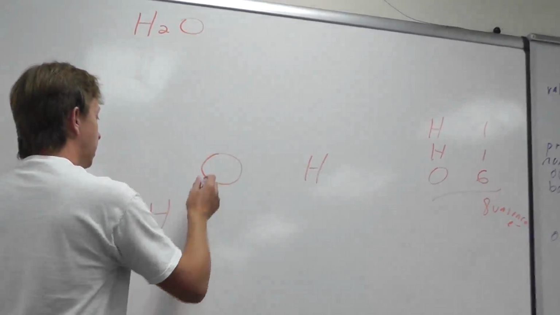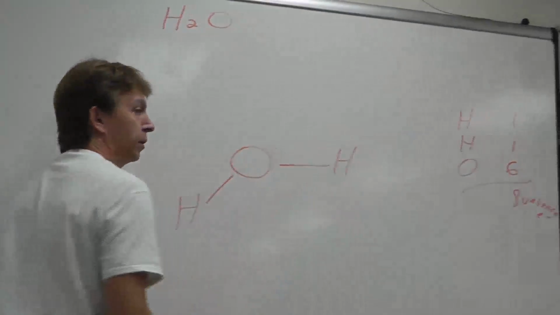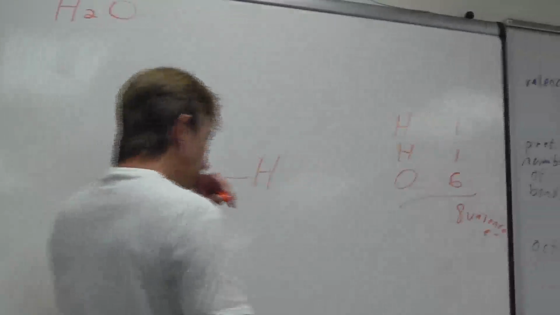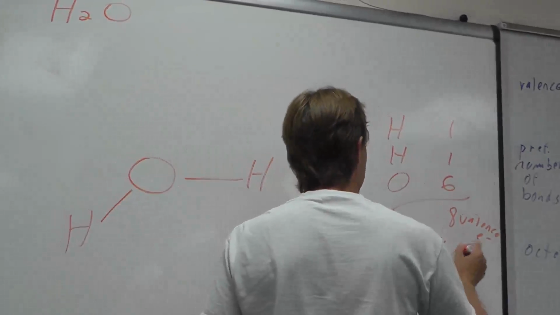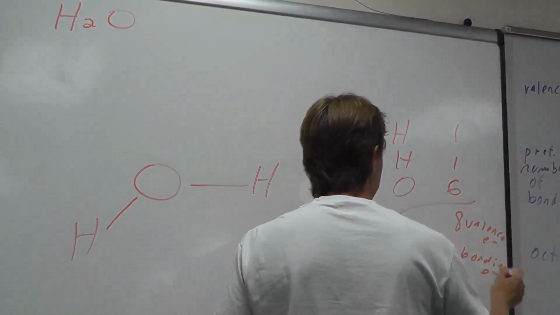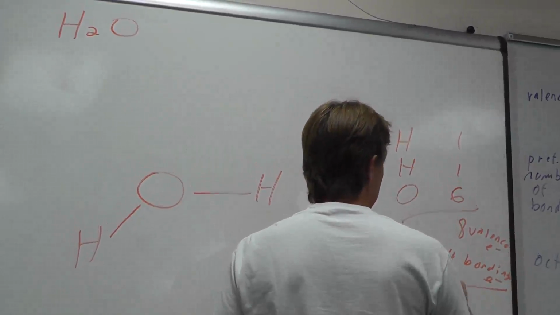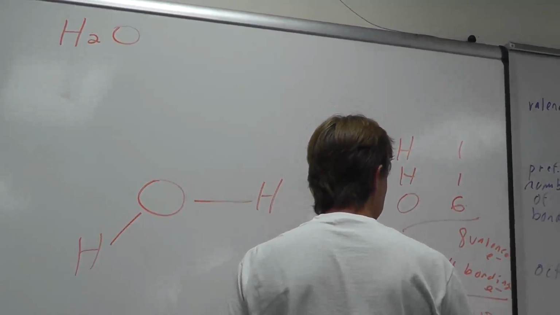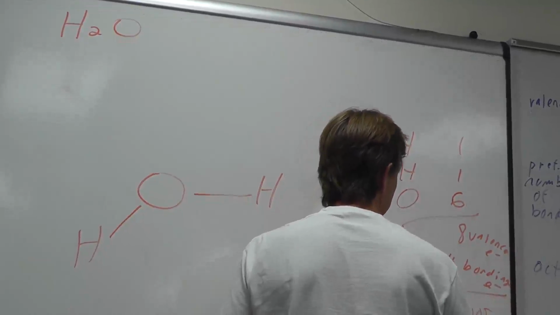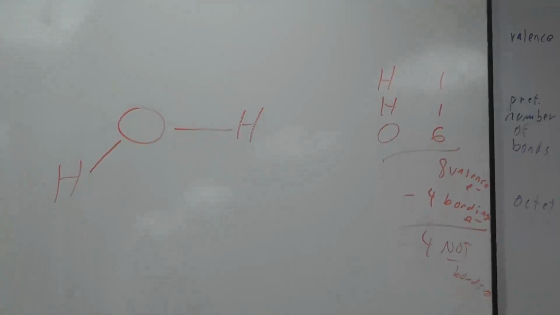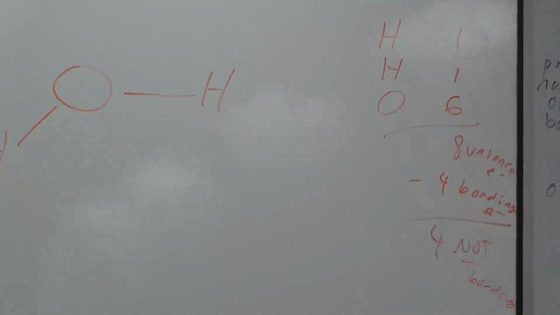Rule number 3 is drawing in the bonds. Connecting the hydrogens to the oxygen is going to be 4 bonding electrons. And if 4 of the 8 are bonding, then the other 4 are not bonding. And we place those starting on the perimeter, filling things up to their octet.